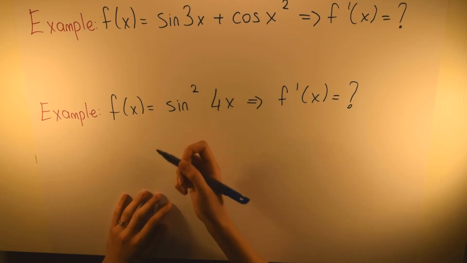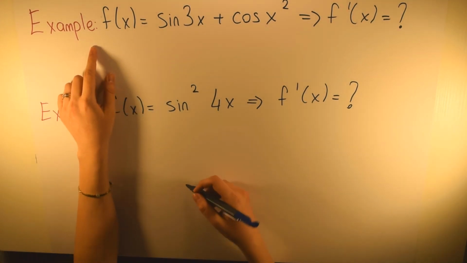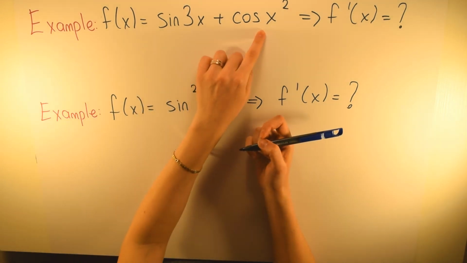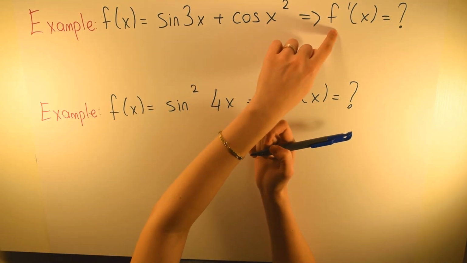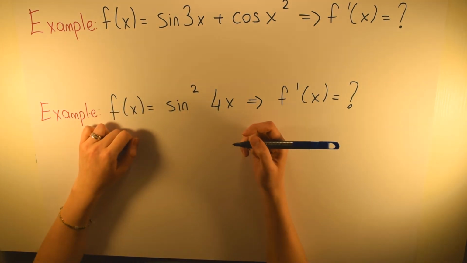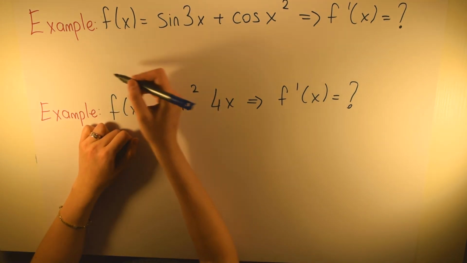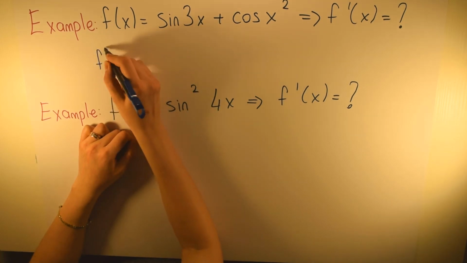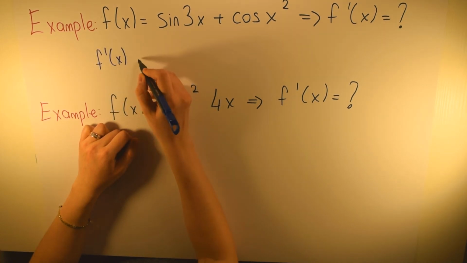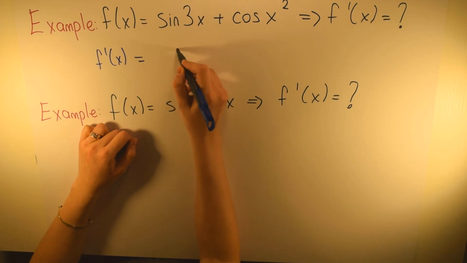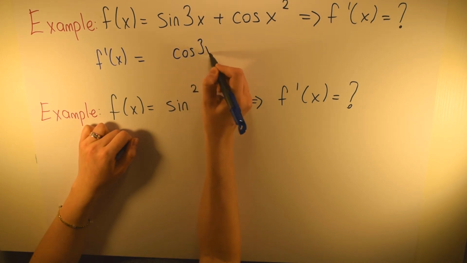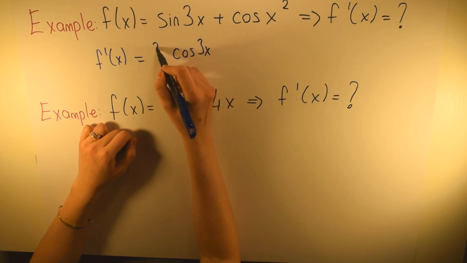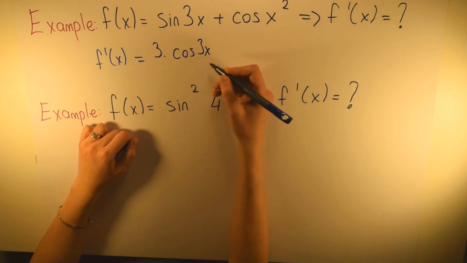Let's continue with this example. In the first example, we have f of x is equal to sine 3x plus cosine x squared. So what is the derivative of f of x? So how do we find this? First, I know that the derivative of sine x is cosine x. So the derivative of f of x is equal to cosine 3x, and I also take the derivative of this part, which is equal to 3. Okay, 3 times cosine 3x.